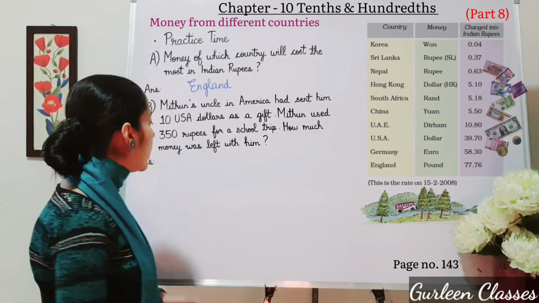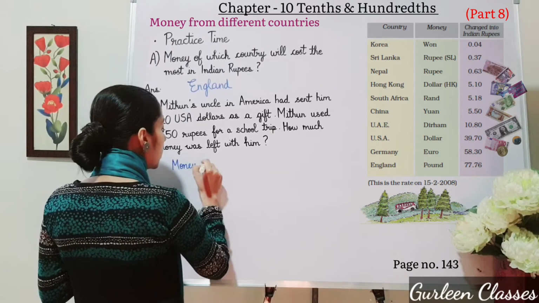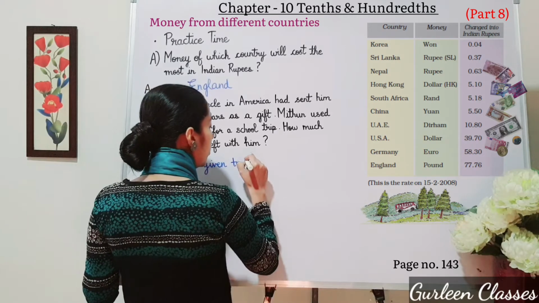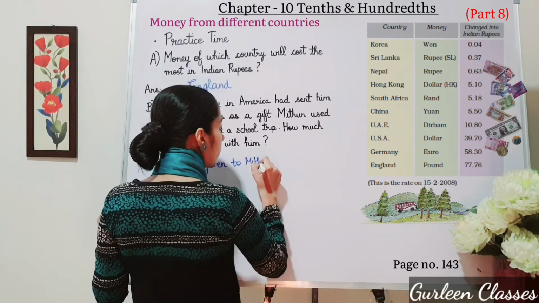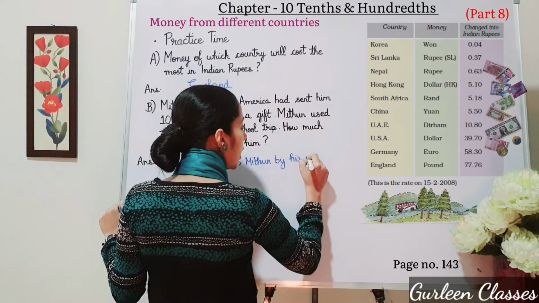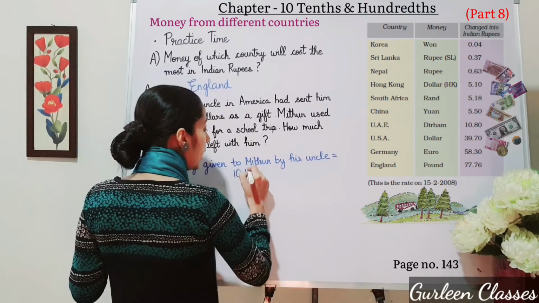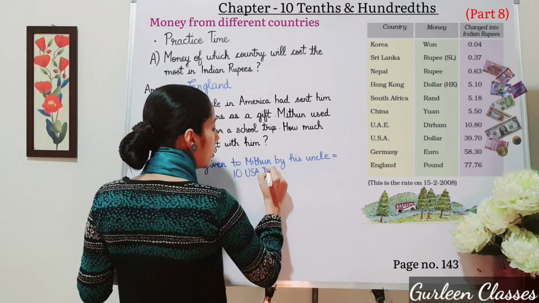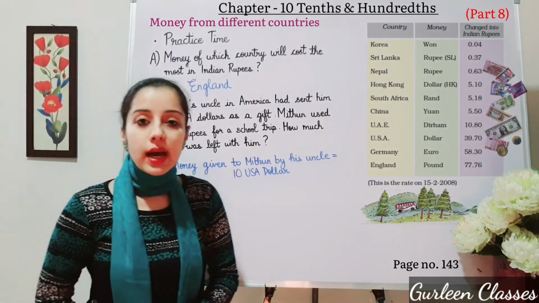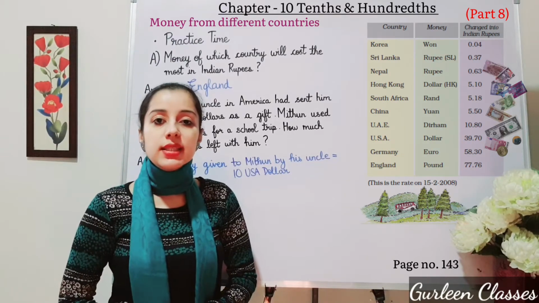So first let us write here, money given to Mithun by his uncle is equal to 10 USA dollar. And in this chart we know that 1 USA dollar is equal to rupees 39.70.